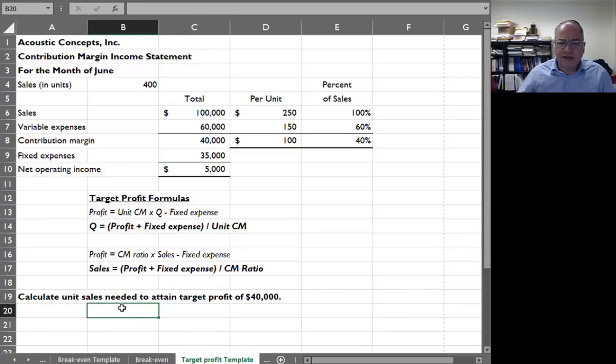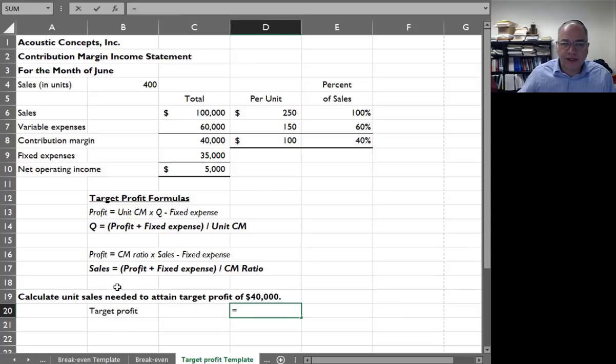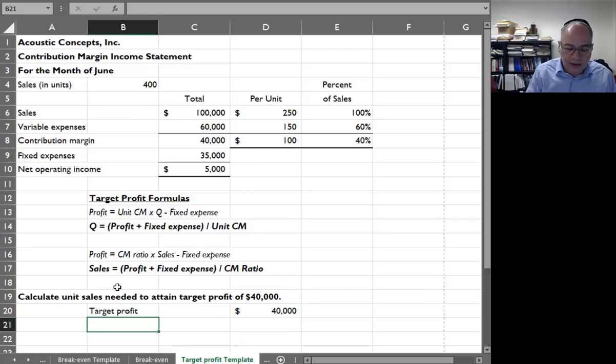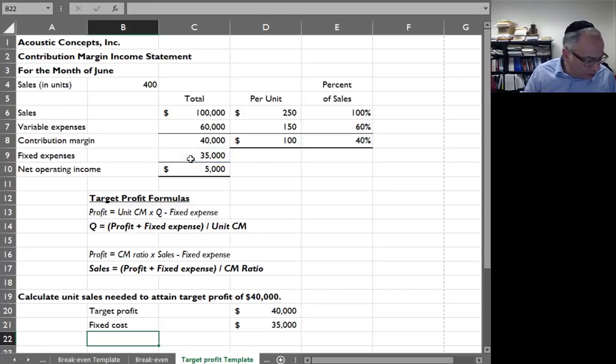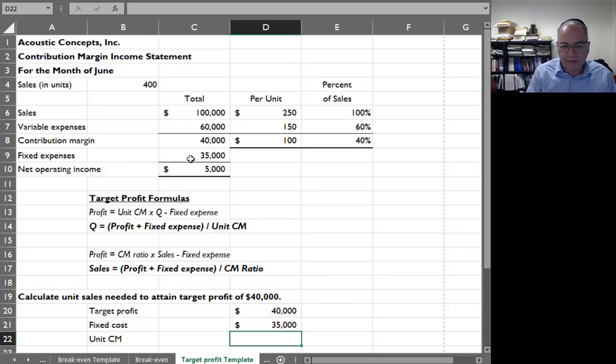So calculate the unit sales needed to attain a target profit of $40,000. What I would do here is first put in my profit. In this case, my target profit is $40,000. And then I would put in my fixed cost, which is $35,000. And then I would also have my unit CM, which is $100.